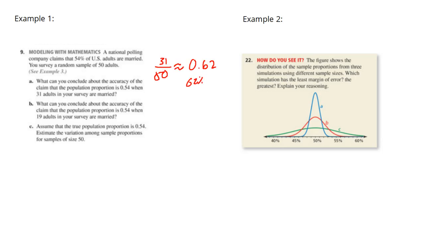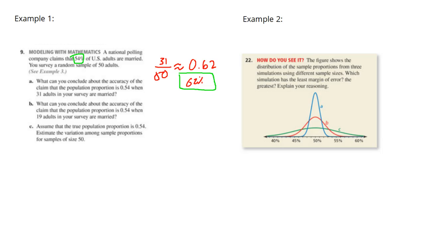So 62% and 54%, they're not that much different from each other, unless you live in a different place. U.S. adults might be more likely to be married in, for example, Florida, or places where a lot of old people live.